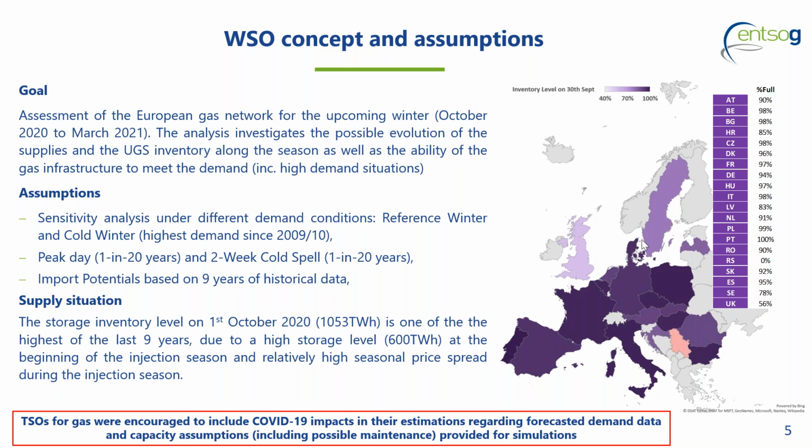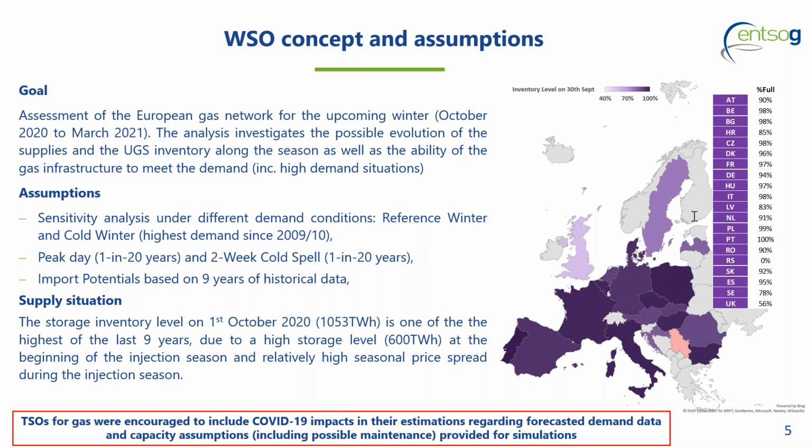We are investigating evolution of the supplies together with the underground gas storages, as well as the ability to satisfy the demand in European countries, and we are investigating that under different demand situations. So we are doing it under different assumptions.